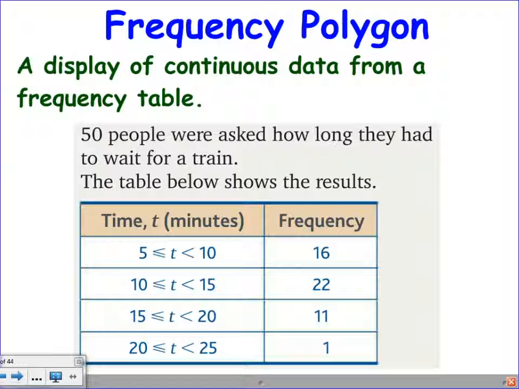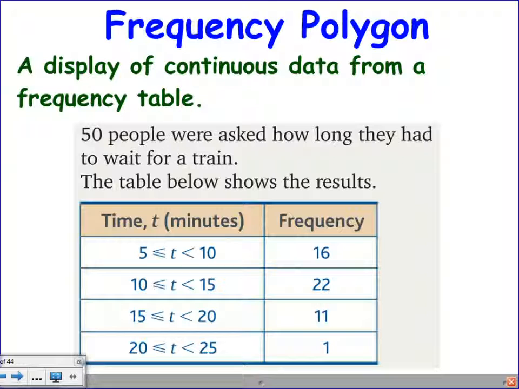So if we talk about continuous data, and if we use it in a scenario, let's say I'm asking 50 people how late their trains were arriving at a particular station. So everybody happy with what this means? Yeah. T is time. So this group, because this is grouped data, is saying my train was 5 to 10 minutes late, but not exactly 10, it's less than 10.